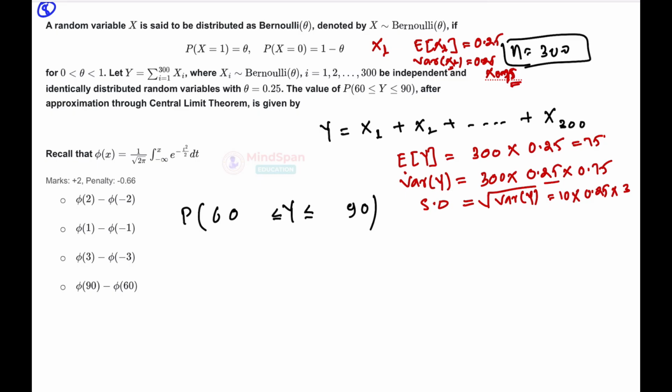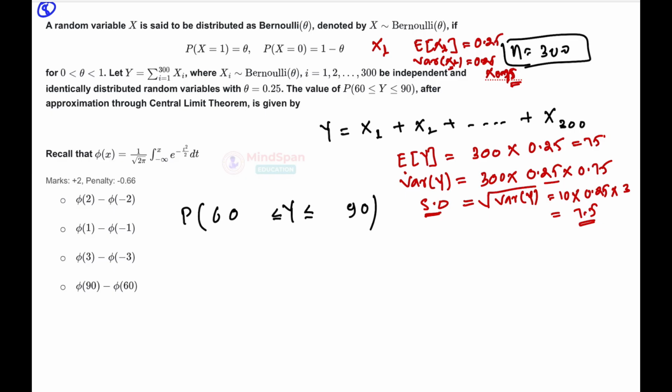You can do the calculation, this is what you will get. So that will be 7.5. So the standard deviation of this random variable y is 7.5. Let me recheck one more time. So that would be 0.75, and okay, that is correct.